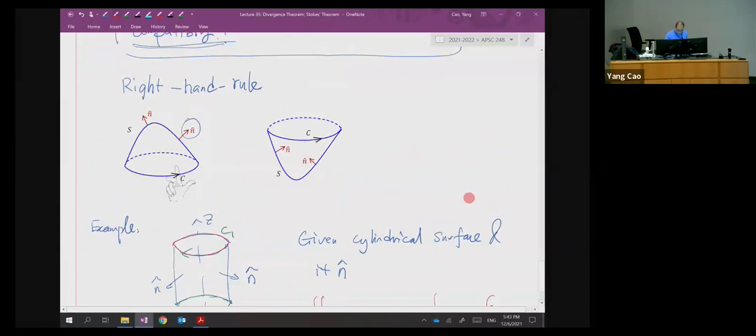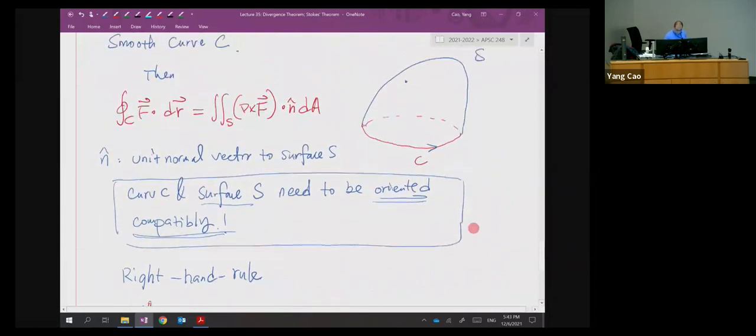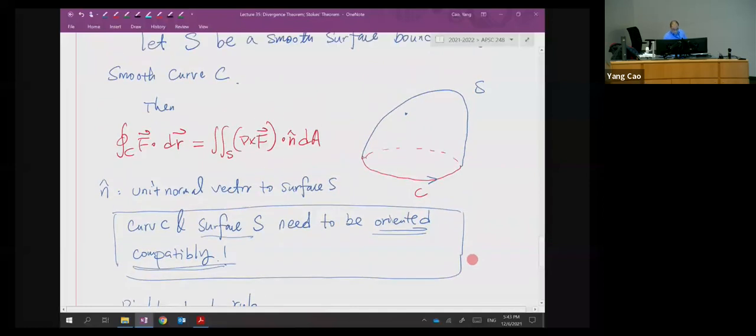Now, another way of interpreting this is using a simplified right-hand rule. Let's say, for example, C is pointing this way, counterclockwise, and S is this way here.